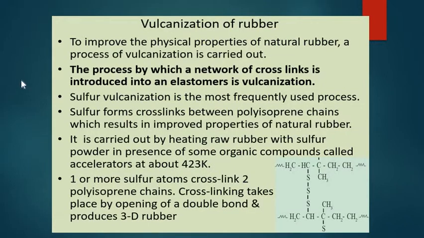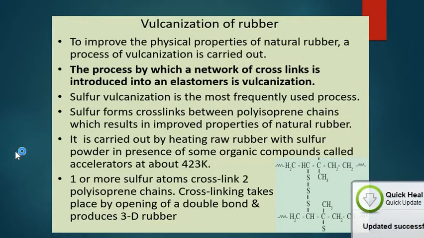Now, vulcanization of rubber. To improve the physical properties of natural rubber, the process of vulcanization is carried out. In 1839, Charles Goodyear, an American inventor, invented the process of vulcanization, and in this process a network of cross links is introduced into the elastomers, and the process is called vulcanization.